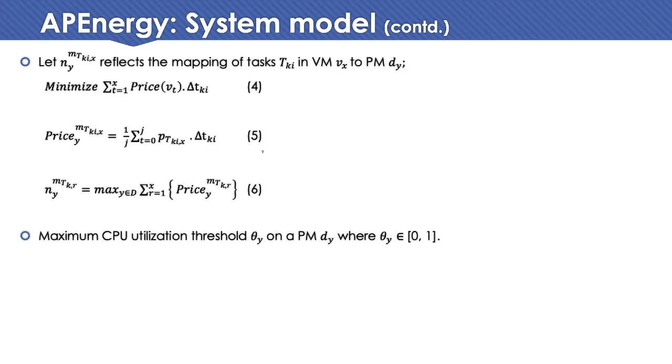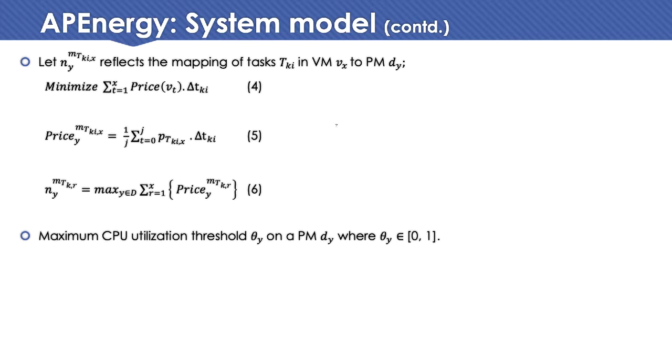Assuming that there are D number of physical machines, D is a vector which contains all the physical machines within a data center. So we define this variable n, which reflects the mapping of tasks Tk of I in a virtual machine V of x to a physical machine D of y.